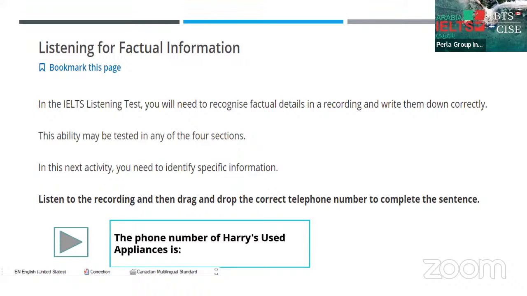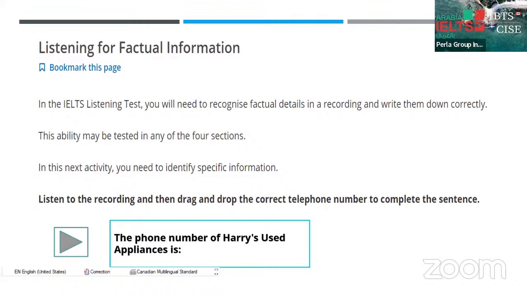Factual information could be in all the 4 sections of the IELTS, and it can be phone numbers, for example, a name, address, etc. Okay, so any specific information that you need to catch from the listening recording.